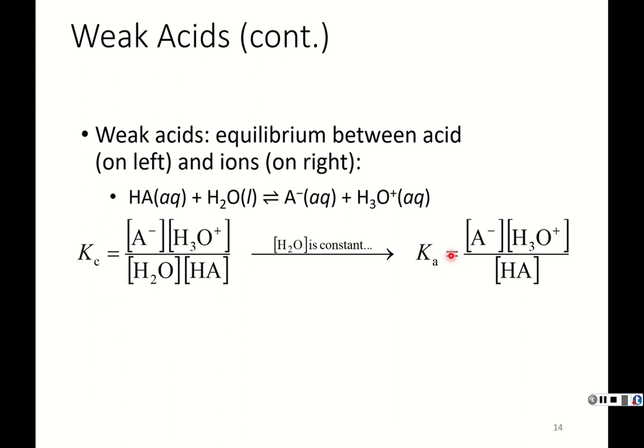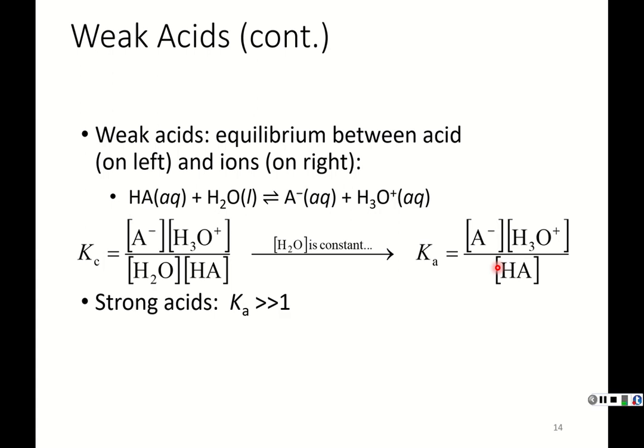So we can kind of ignore that, and that's what gives us what we call the Ka expression, which is the equilibrium of the weak acid. Okay? And again, it's the concentration of the conjugate base times the hydronium ion or proton concentration divided by the concentration of the undissociated weak acid.